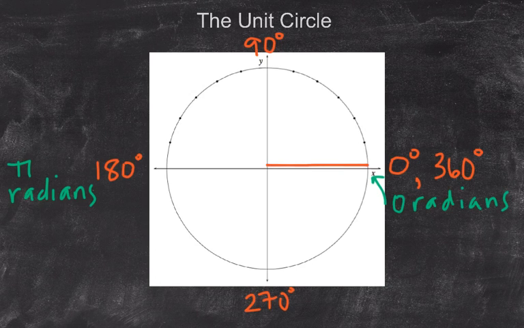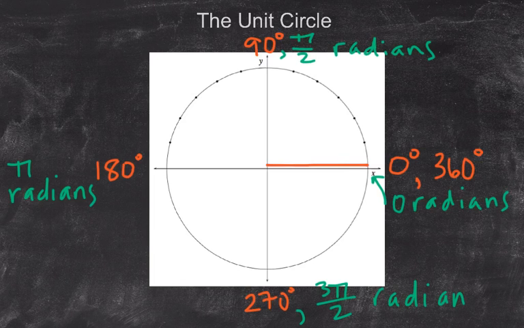And so halfway between 0 and 180 degrees, I would have pi over 2 radians. And at 270 degrees, I would have 3 pi over 2 radians, 3 halves of pi radians. Okay, so 0 radians is the same as 2 pi radians.